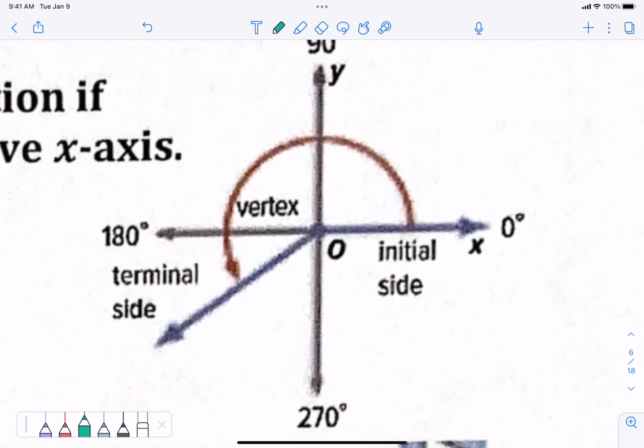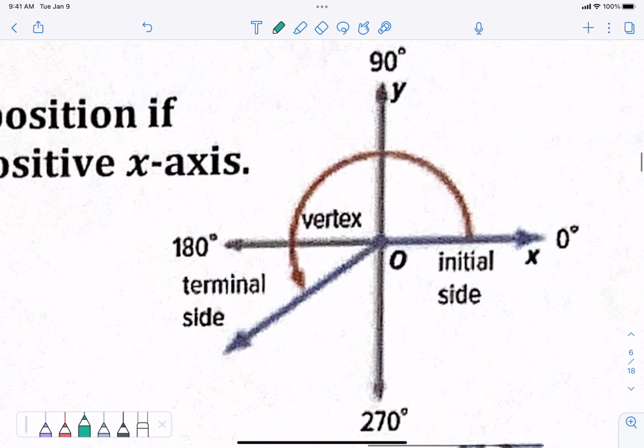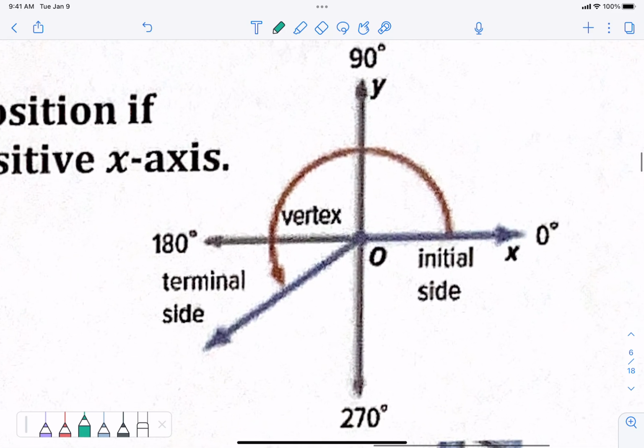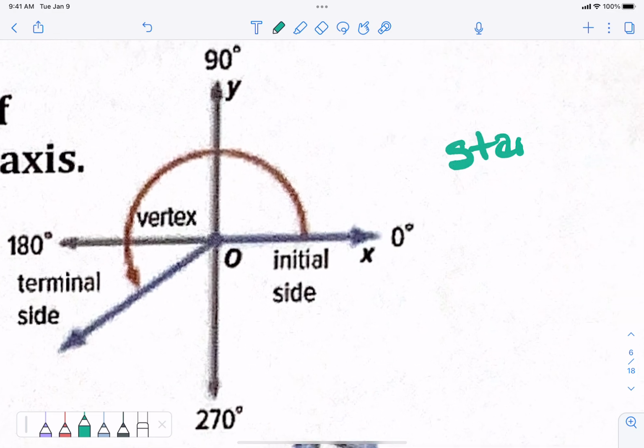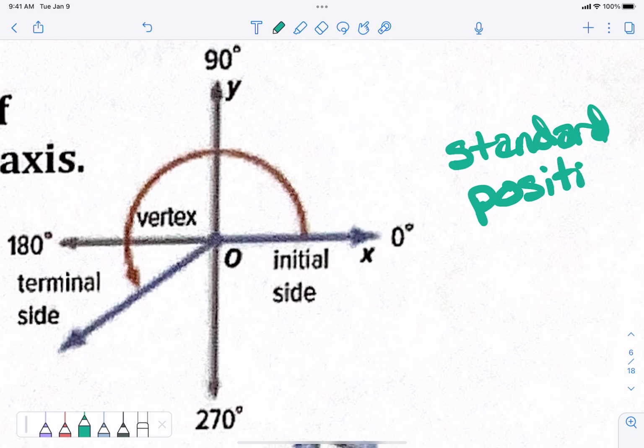But for the first thing, I want you to look at this diagram, and this is a diagram in what's called standard position. P-O-S-I-T-I-O-N. I can't spell. Standard position starts with your first side of your angle on the positive x-axis always. That line will always be there.